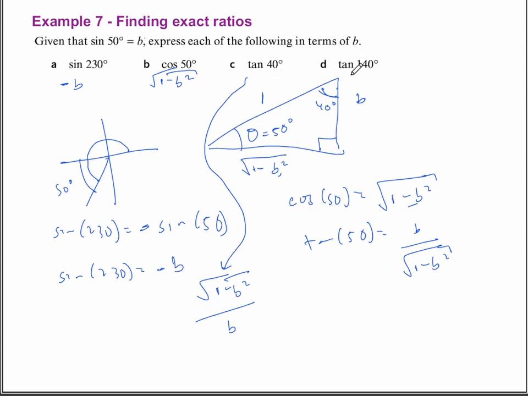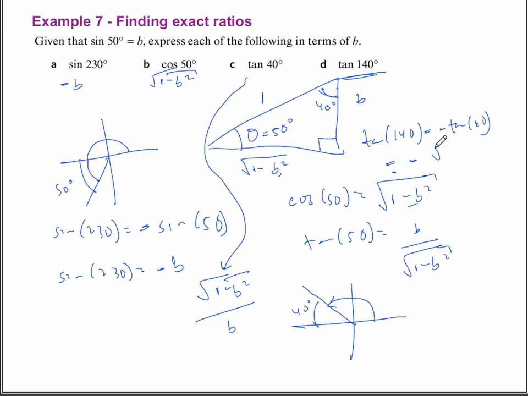Then tan 140, remember if you look at our quadrants, 140 degrees is just right here with the reference angle being 40 degrees. But because it's in the second quadrant, the value of tan is going to be negative. Which means that tan 140 is going to be equal to negative tan of 40. Which means it's going to be equal to negative root 1 minus b squared over b. Yeah, because the negative version of this right here. And that is it for this lesson.